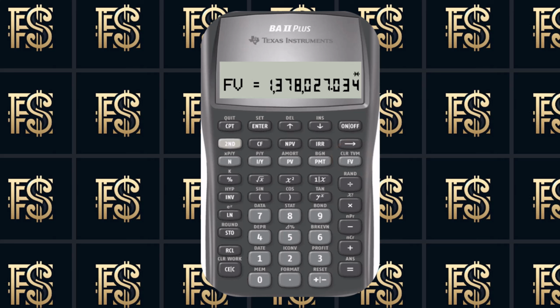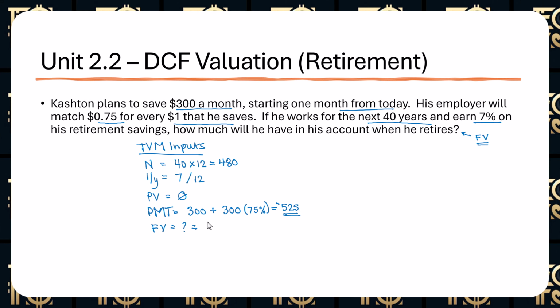The future value of his account is $1,378,027.03. Not bad for only saving $525 a month for 480 months.